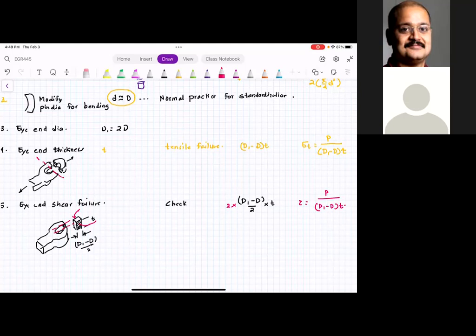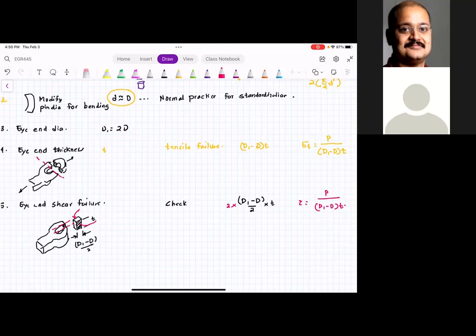In other words, if you look at the equations, step number 4 and step number 5, the right hand side is the same, but the left hand side is different. In step number 4, we have tensile stress. In step number 5, we have shear stress. Since shear stress is lower than the tensile stress, the thickness that you find from step number 5 would be greater than step number 4.